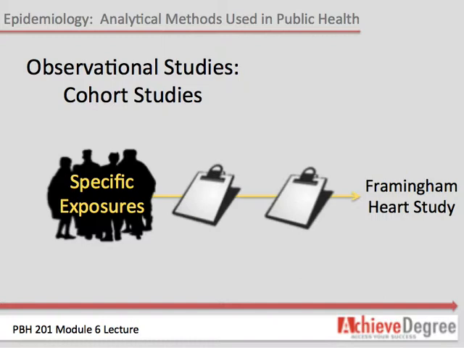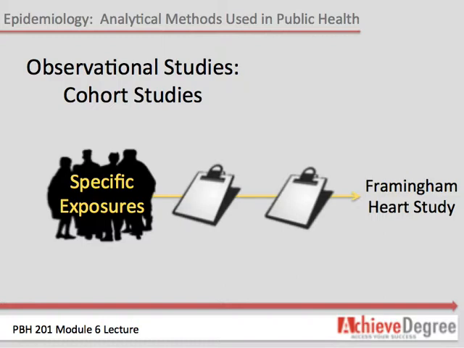Everyone received physical examinations and lifestyle interviews at the beginning of the study. Eligibility required that they show no signs of CVD. They were followed with exams and lifestyle interviews every 2 years over a number of years to see who developed CVD. A second generation was enrolled in 1971.